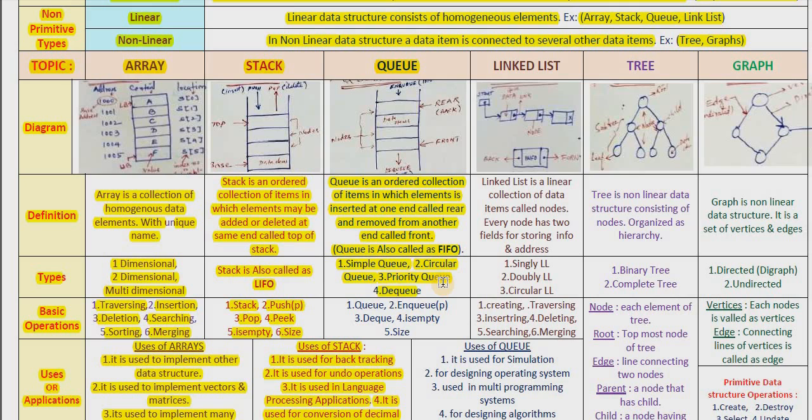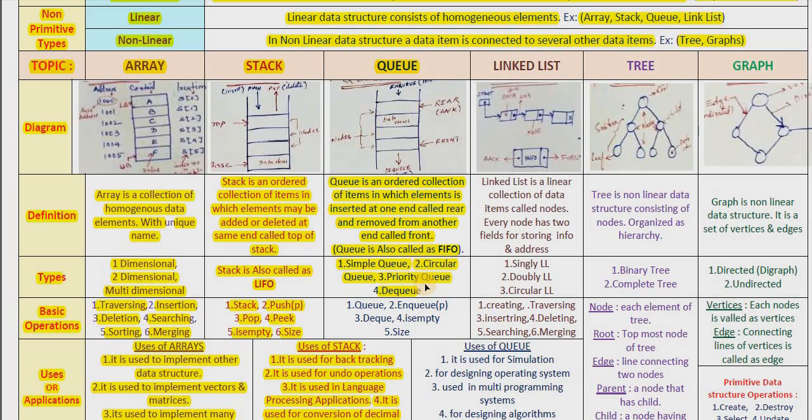What is circular queue? Circular queue is a type of queue where the last end of the queue is connected to the first end. Means rear end is connected to front end. Means last and first cells are connected or linked. Hence it is called circular queue.